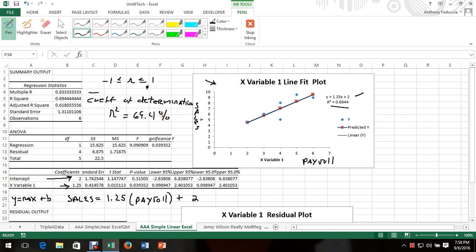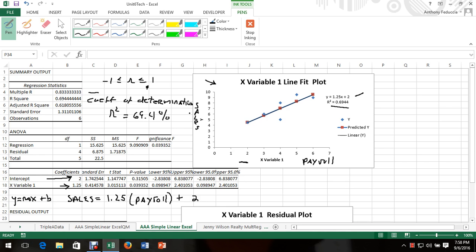It's always in percent. What it means is it tells you how much the X variable, in this case payroll, impacts the Y variable, which is sales. And so we can account for about 69% of sales due to payroll alone.